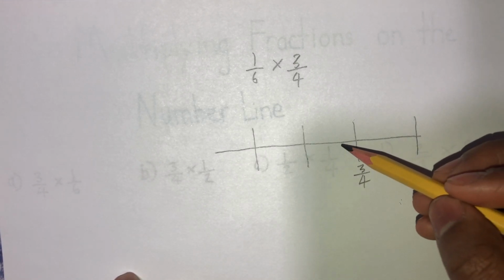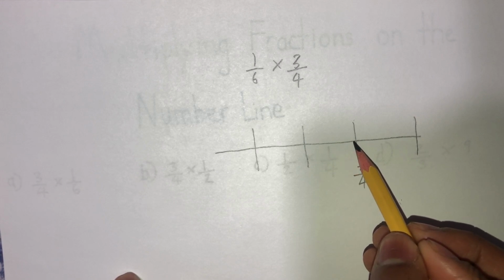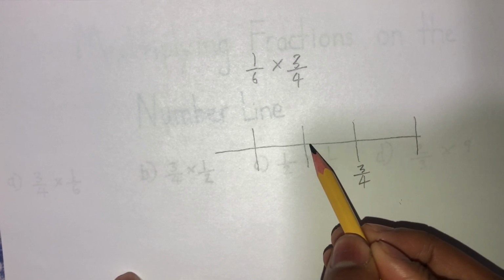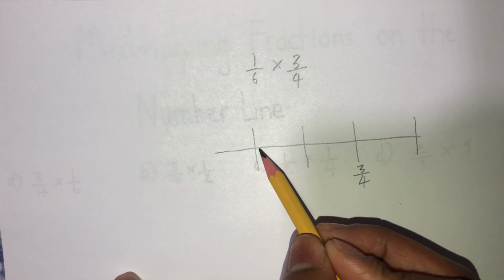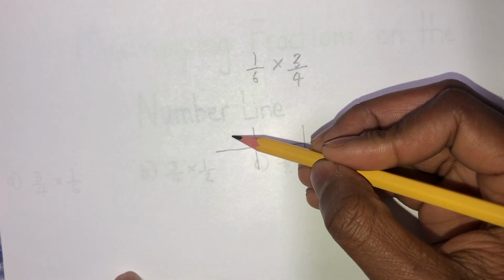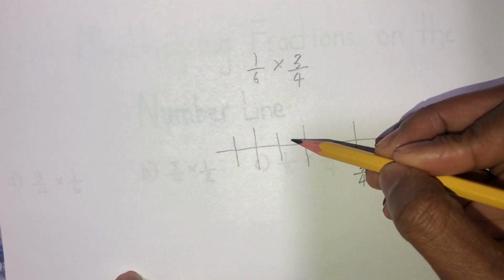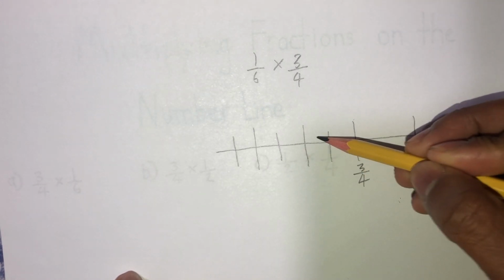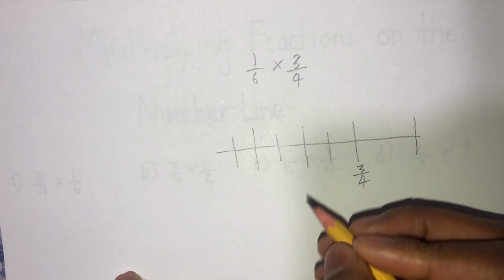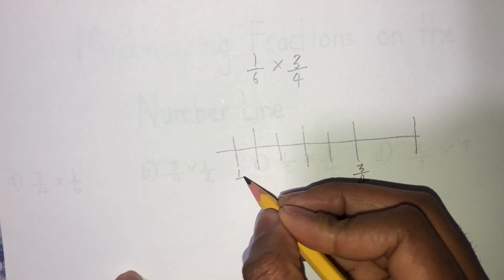So now we'll have to divide this section that comes before 3/4 into 6 equal parts. So 1, 2, 3, 4, 5, 6. Now this is 1/6.